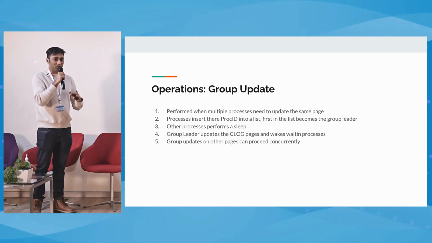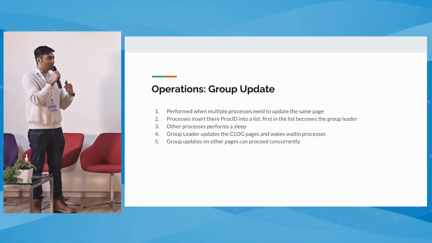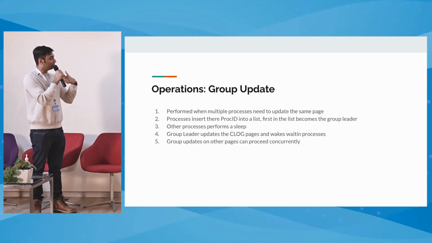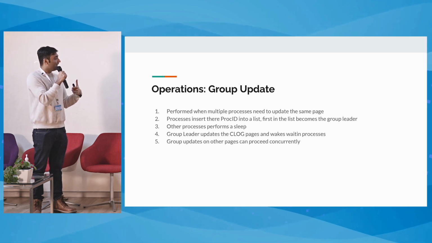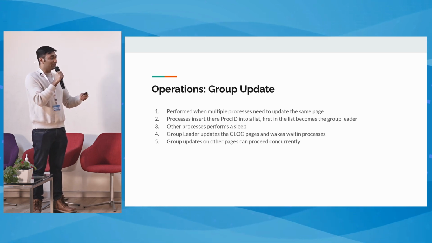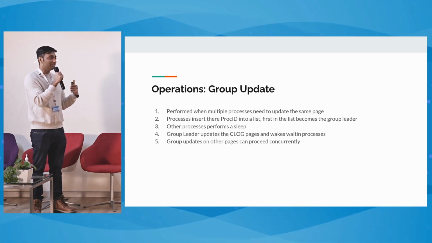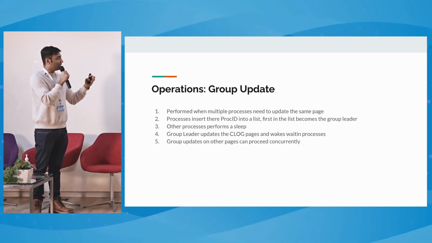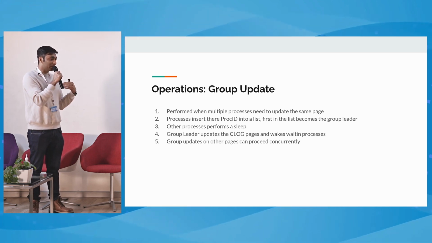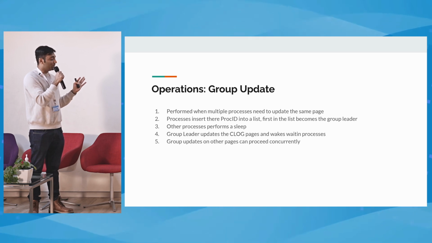If there are no other processes doing this, then this particular process becomes the group leader. The group leader will look at all the other processes in the pipeline which need to perform updates, take transactions or sub transactions from all of them, and try to do the updates.